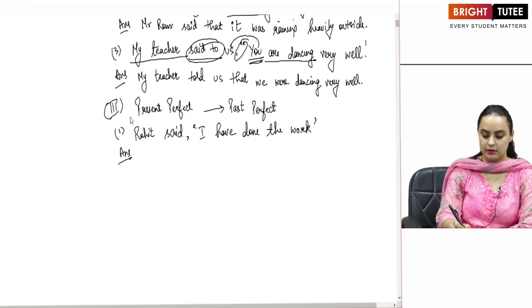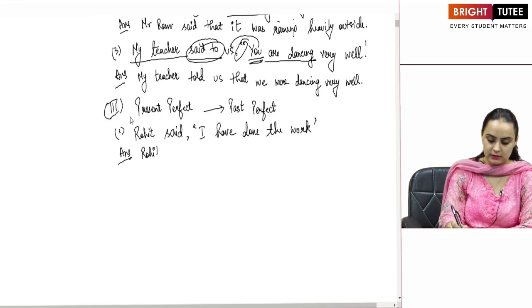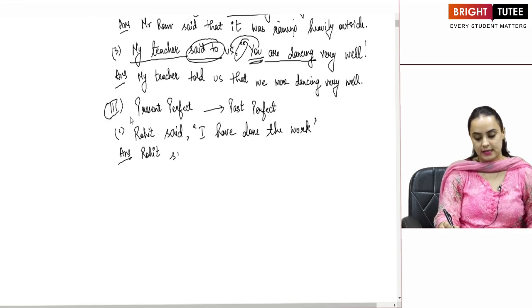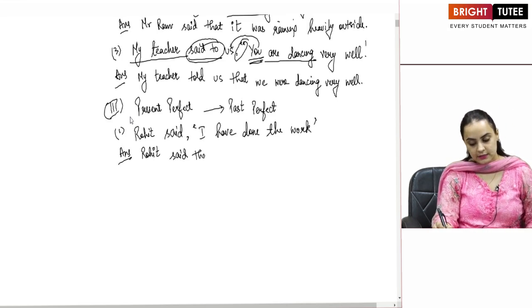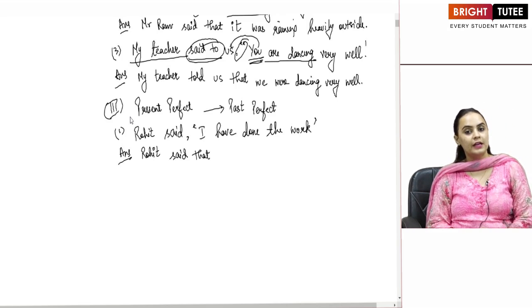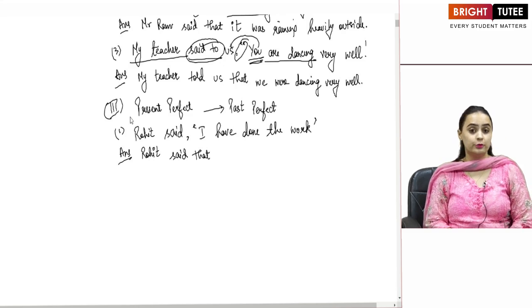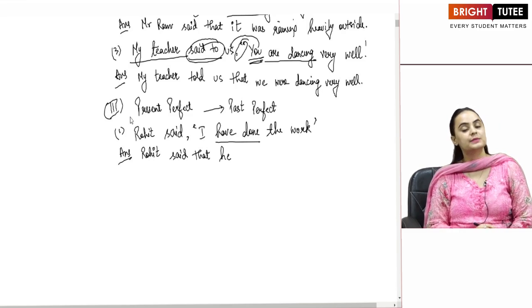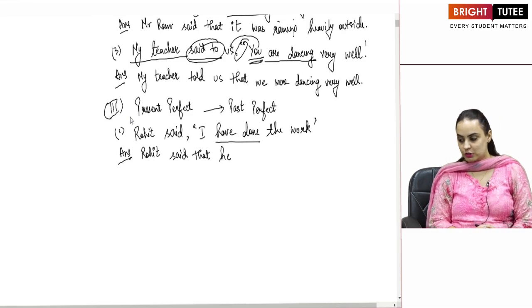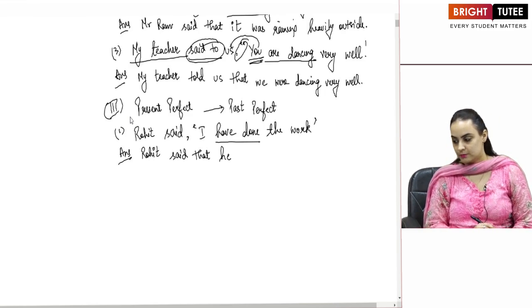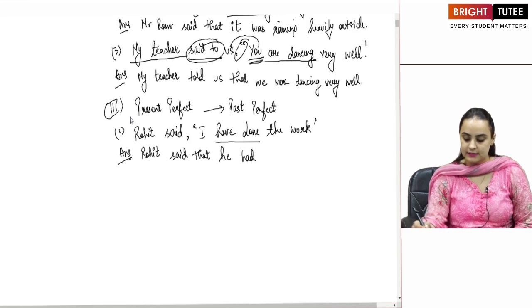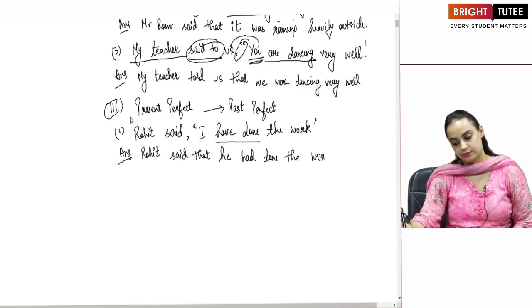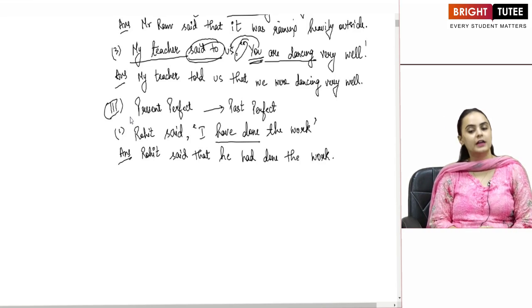So, my speaker is Rohit, remains as it is. Rohit said that. Who is this I used for? For Rohit, who is a boy. So, he have done is present perfect. It changes to past perfect and it becomes had done the work. So, have done changes to had done.